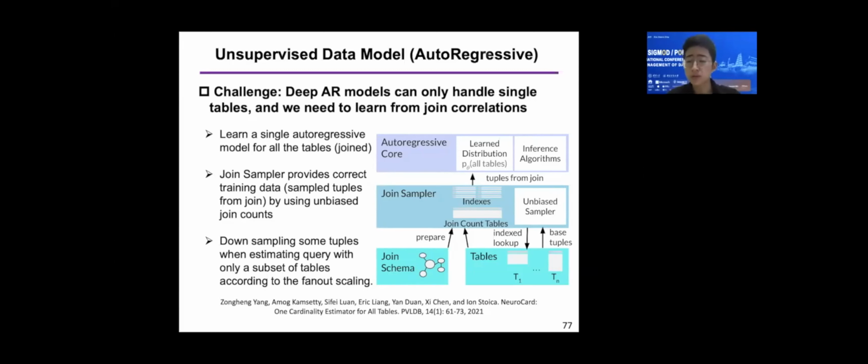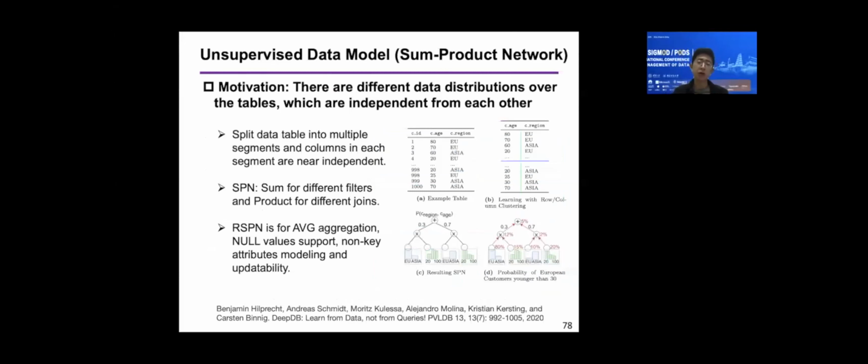Lastly, it downsamples some tuples from the large table when estimating a query with only a subset of tables, according to the fanout scaling. However, learning the joins of all the tables can be very time-consuming, especially when the dataset is a bit large. So it is still challenging to estimate join queries with a purely data-driven method.